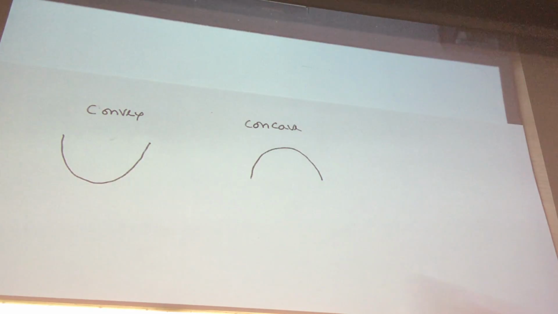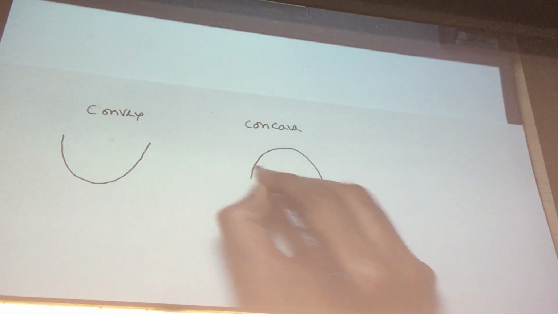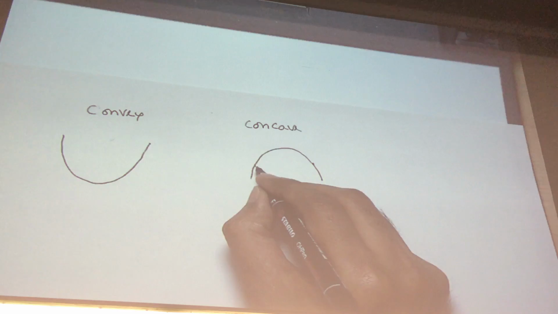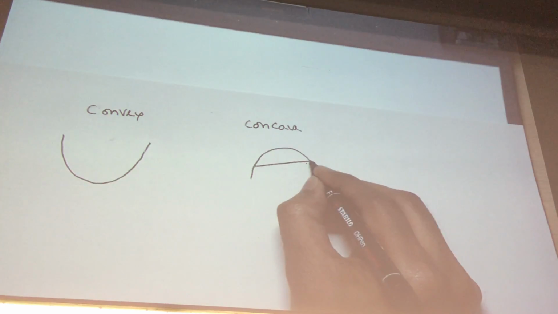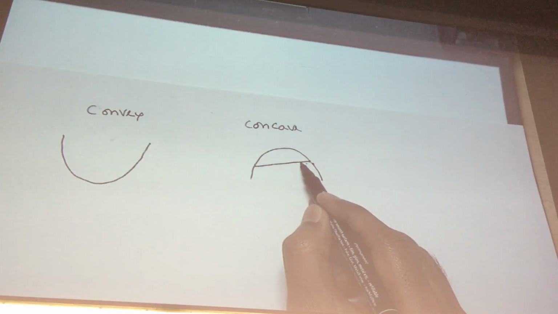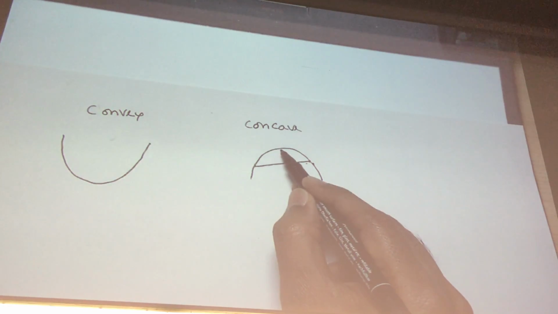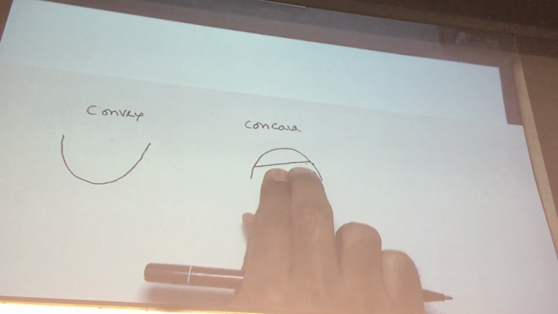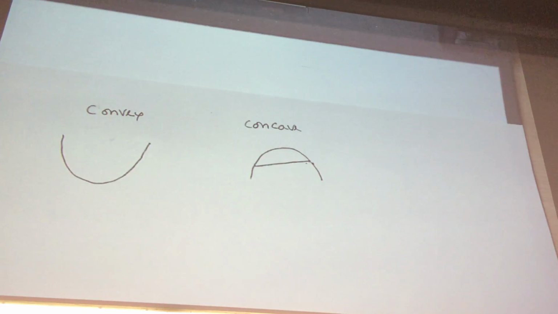How do I know that? Just according to the simple definition: when you take any 2 points on the graph and connect them with a straight line, if all the points on the straight line take lesser values than the values on the graph, so the straight line must fall below the graph, then we call that graph concave.